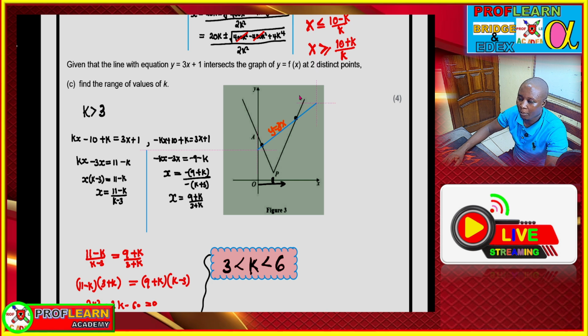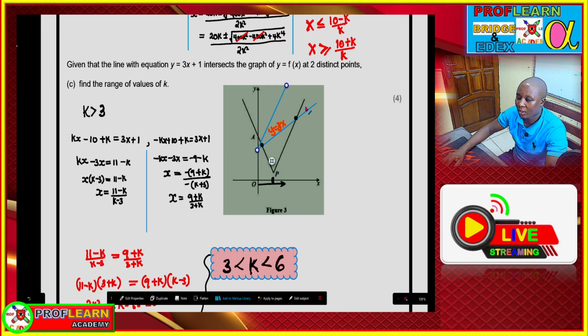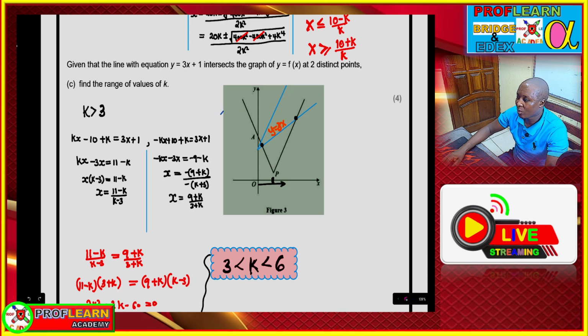So the slope should be in such a way that k must be greater than 3. Because if k is less than 3 or equal to 3, this line is going to be parallel to this one. And that is going to bring problems. So one of the conditions we are going to say is that k must be greater than 3.